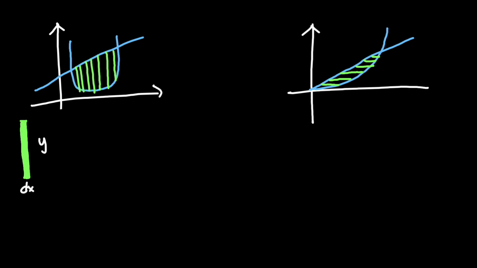So in order to find the area for this, you must find y upper and y lower. In order to find the y upper here, we will find it based on this graph. Since it touches this line, this is the y upper.